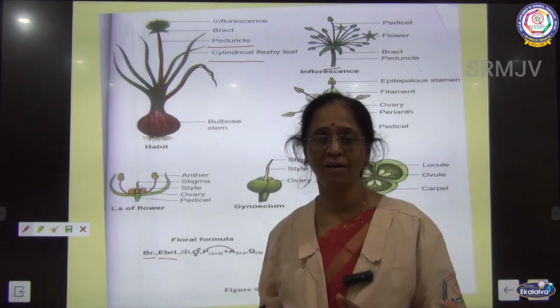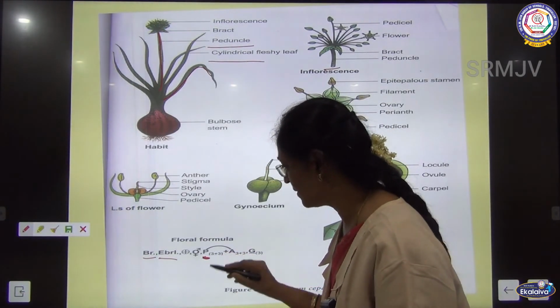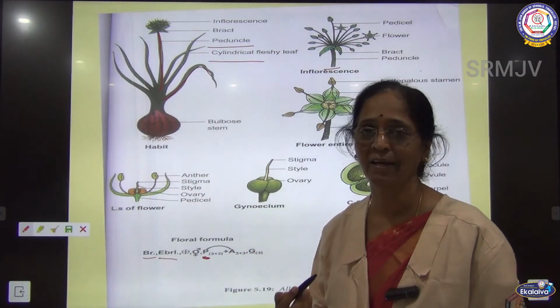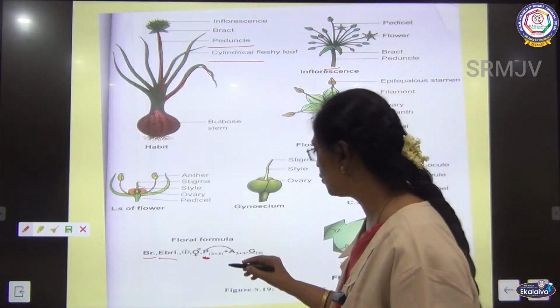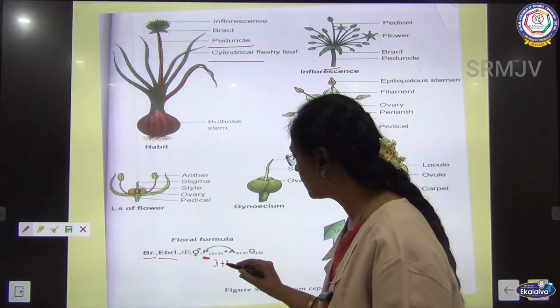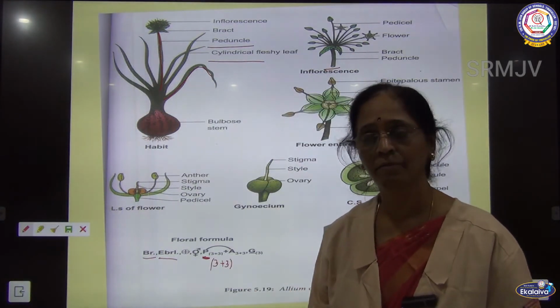It is only one single whorl which is present, and that whorl we call the perianth. And the members of the perianth are called tepals. How many are there? 6 tepals are there, but these tepals are arranged in 2 whorls. So you represent it as 3 plus 3, and these are united, so you put it inside the bracket.